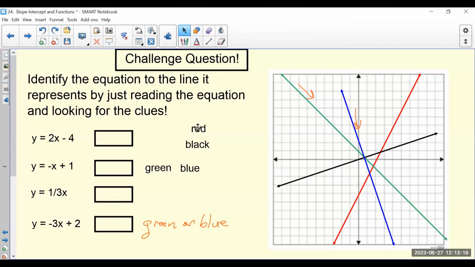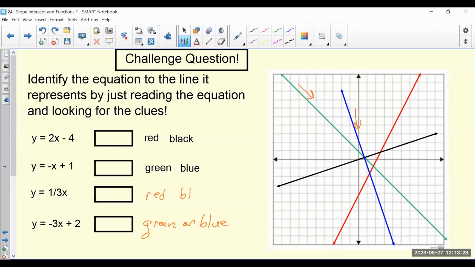So the red and the black are either this one or this one, just by whether their lines are going up or going down. Okay, so we've already eliminated: this is red or black, this is green or blue. So we've limited things down.